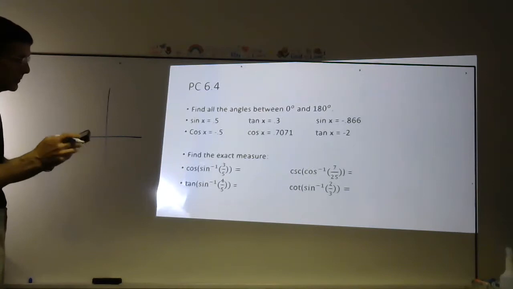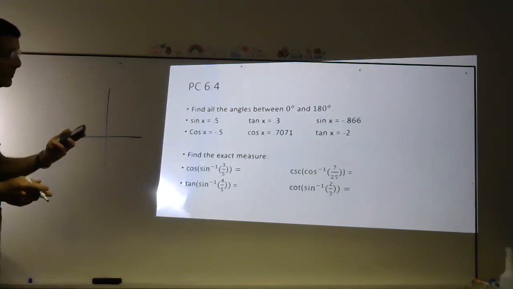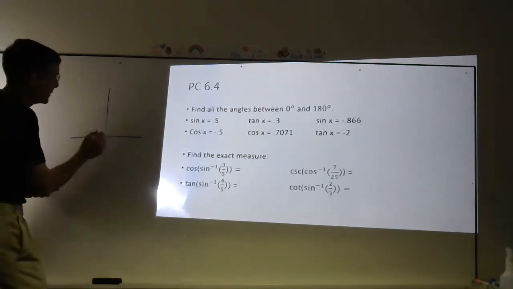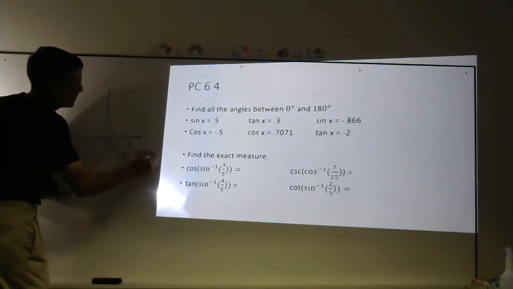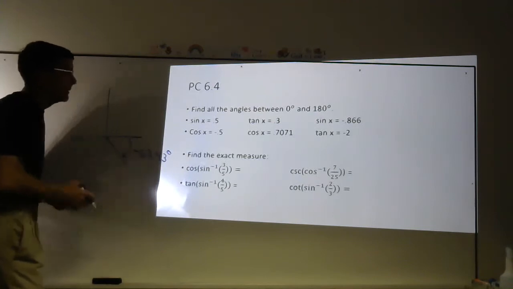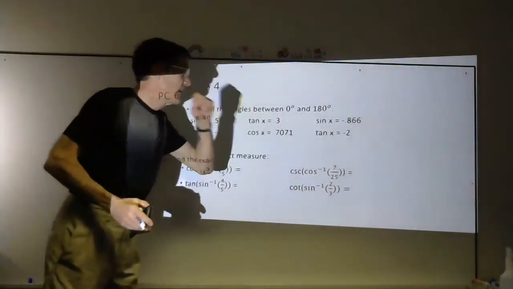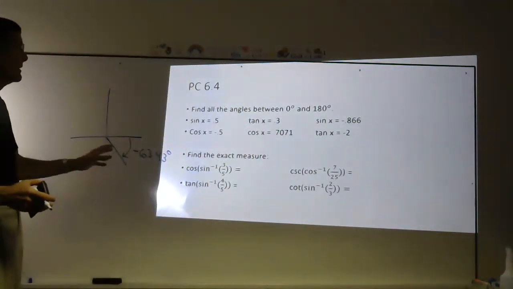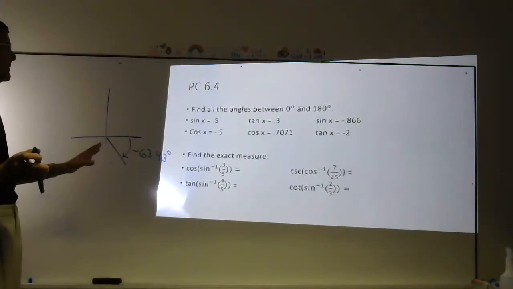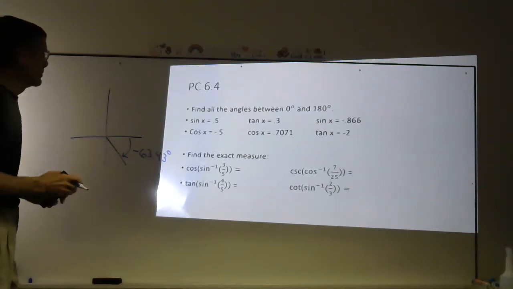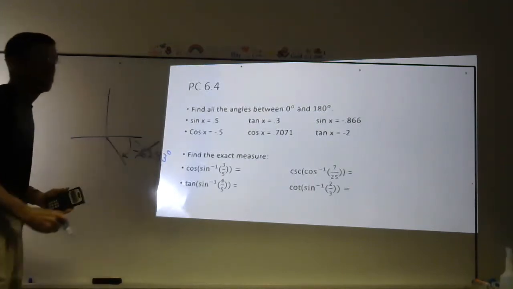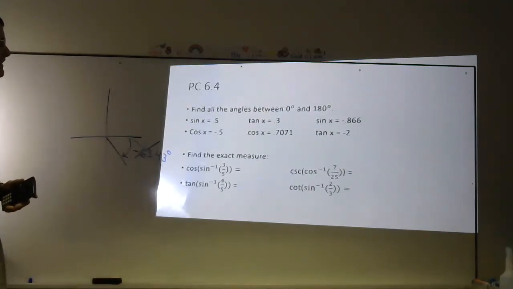So the first answer we got was negative 63.43. So here, negative 63.43 degrees has a tangent of negative 2. But, whoa, that's not between 0 and 180, so we do not need to worry about that one, okay?